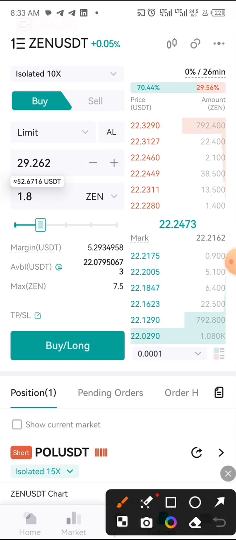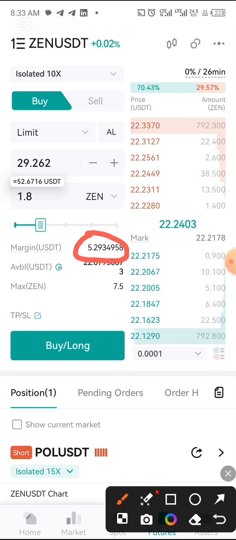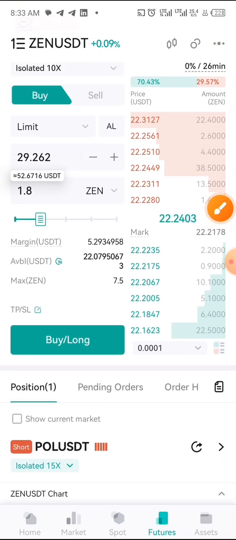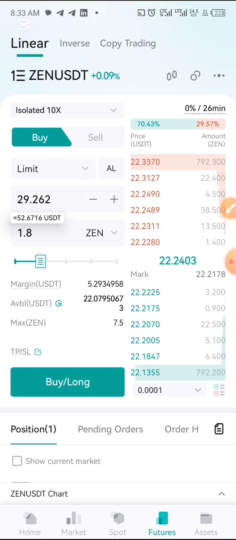You can come here to see you are placing this trade with $5. So we can go ahead to click on long. But I'm not going to click on long because it's an old signal, so it's no longer valid because the entry has actually passed.